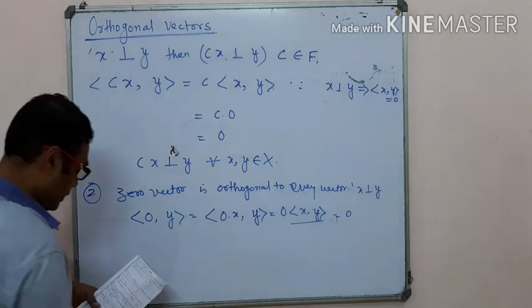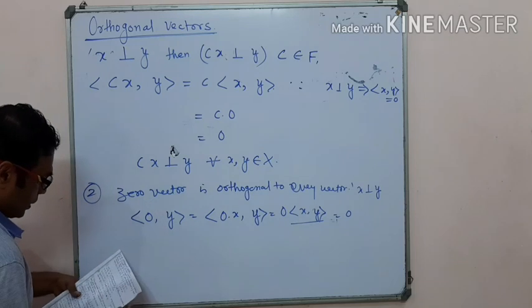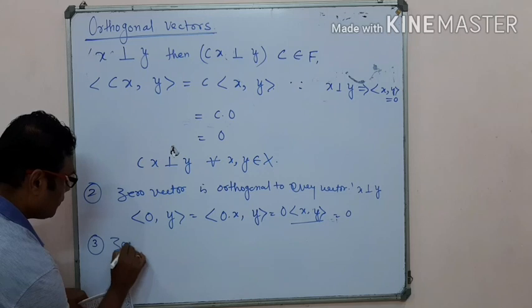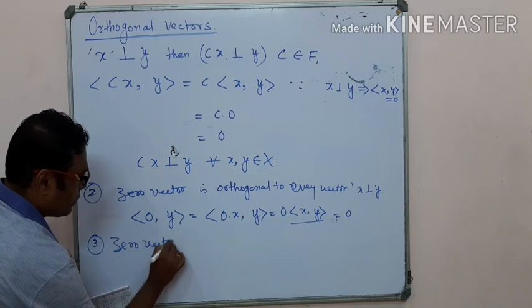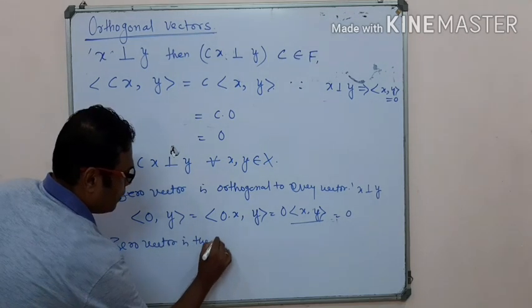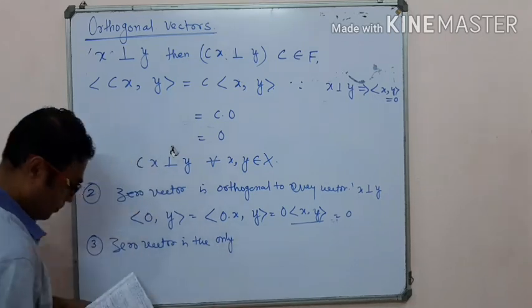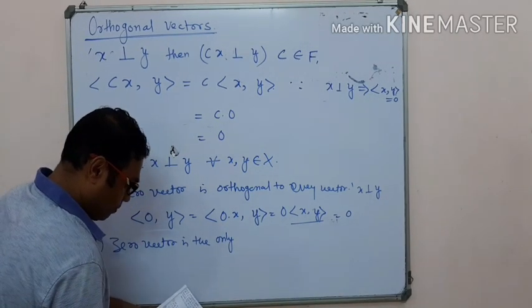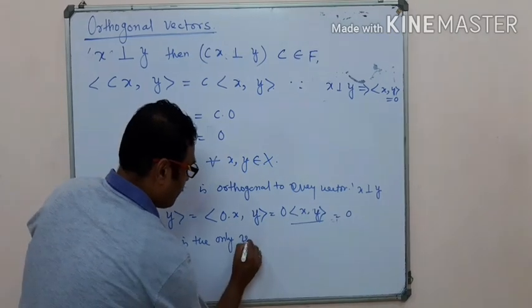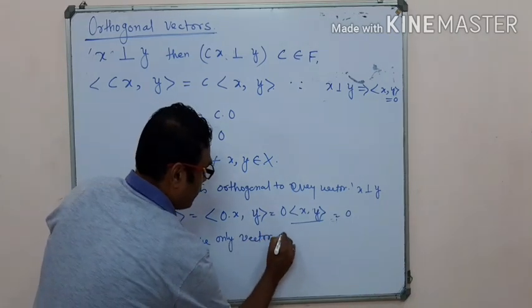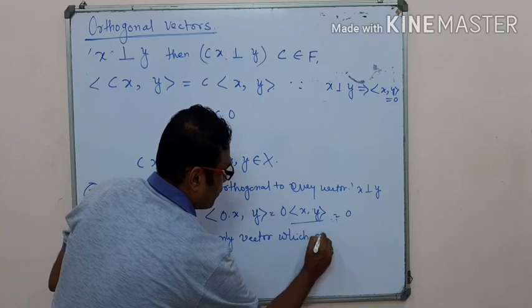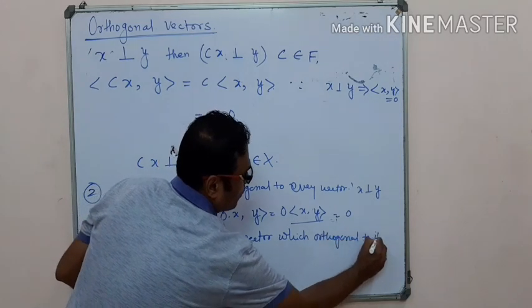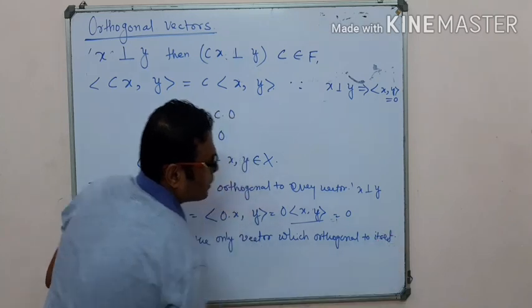Here is another remark. The zero vector is the only vector which is orthogonal to itself.